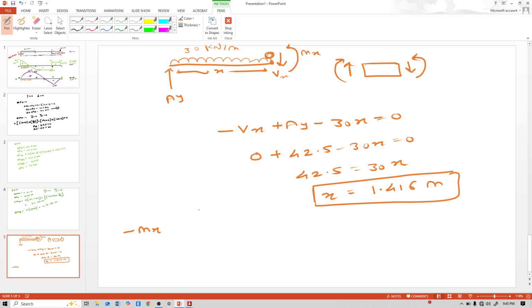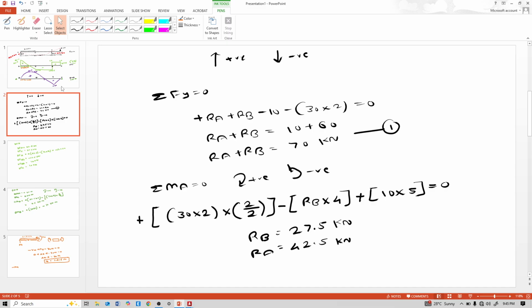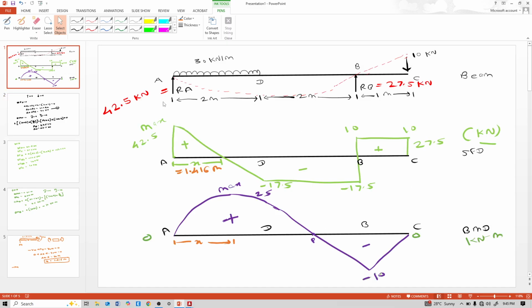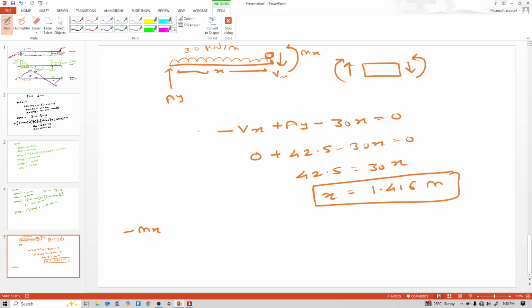So Ay into 1.416, x distance is 1.416. So Ay, that means this RA 42.5 kilonewton, positive, 42.5 multiplied by x, which is 1.416, and minus 30 into x by 2. 30 into x is the point load and x by 2 is the perpendicular distance.